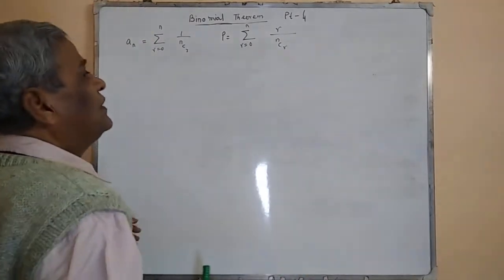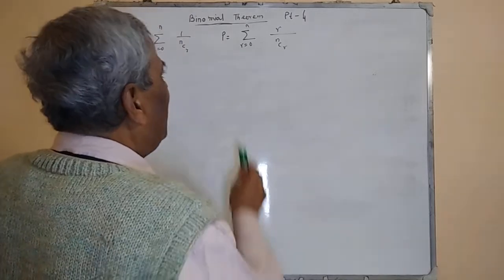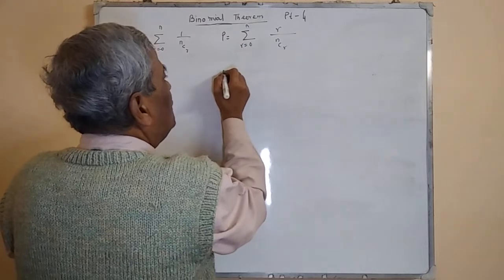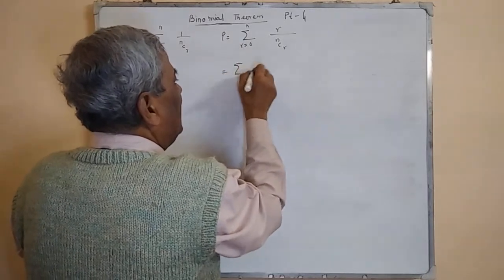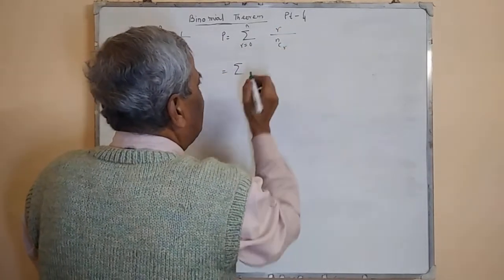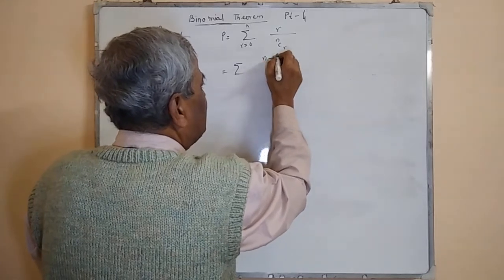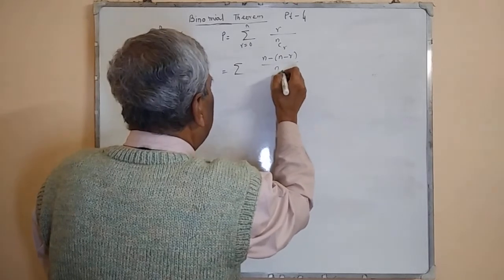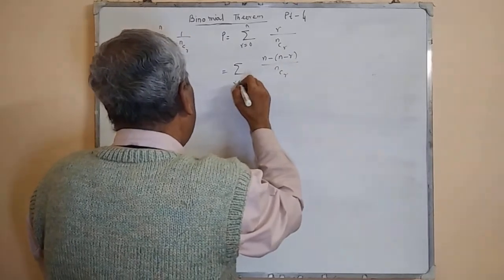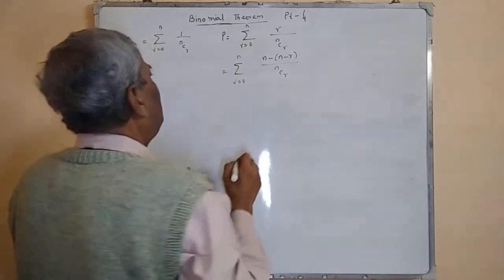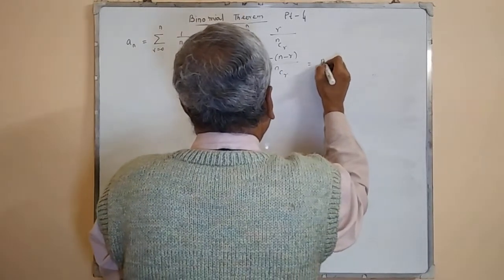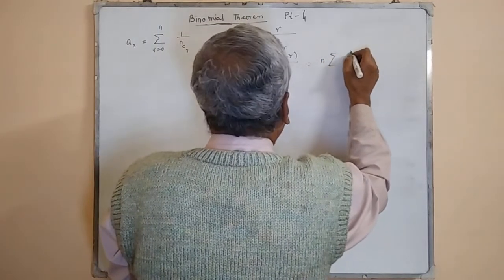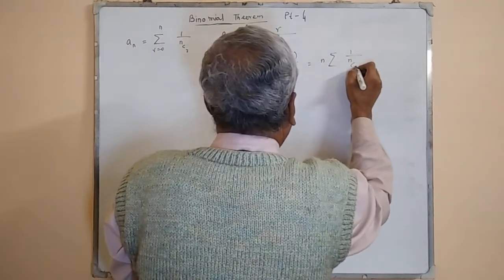Options are there. So let us start from P. P is equal to r by that, I can write it as (n minus r) by nCr, r ranges from 0 to n, is equal to n into sigma of 1 by nCr.